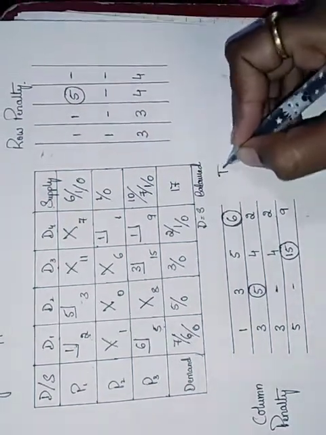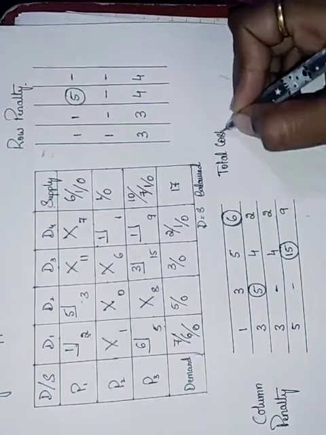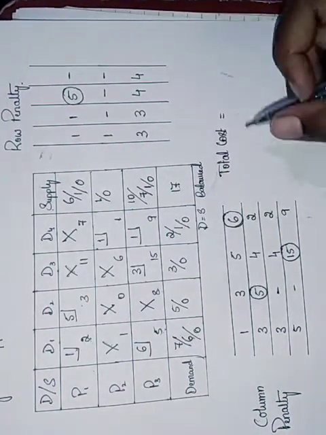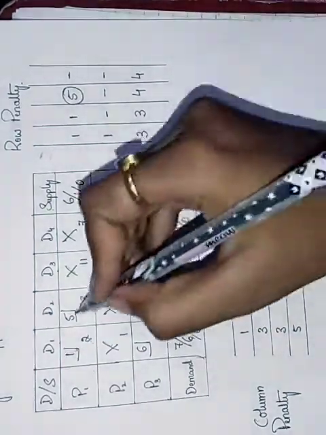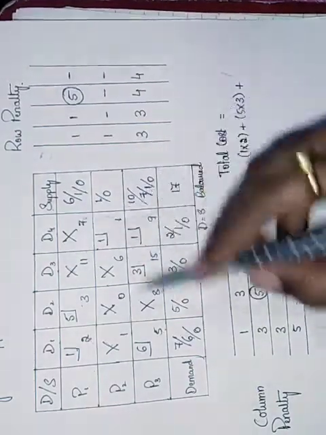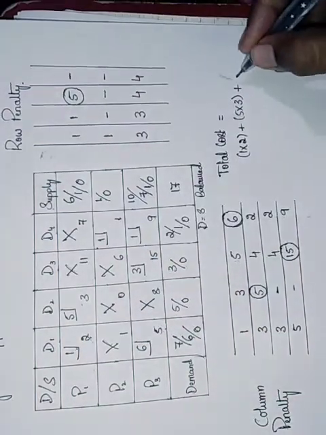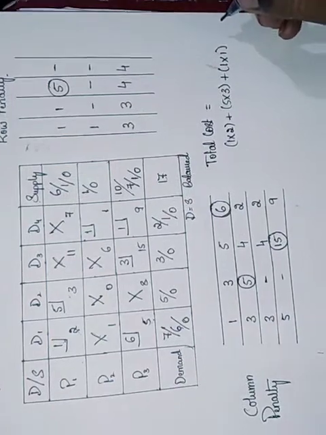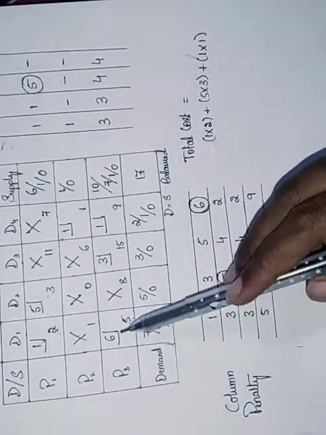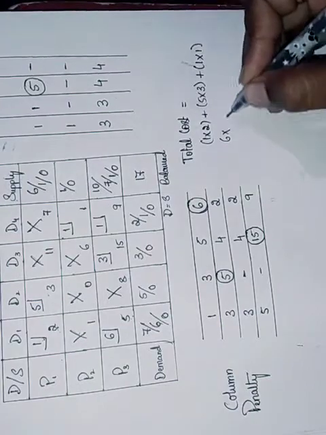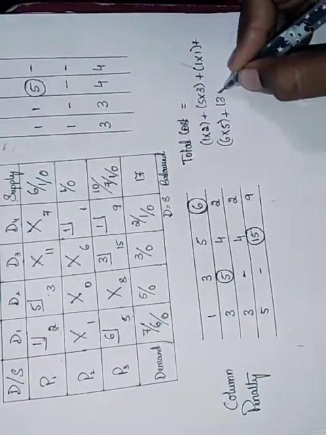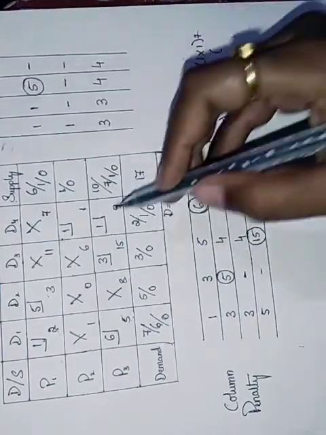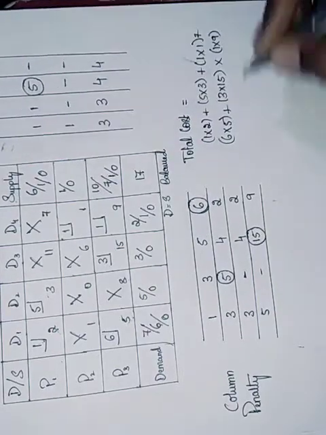Now let us identify the total cost in case of Vogels approximation method. Now 1 unit of 2 rupees each, 5 units of 3 rupees each, and here they are crossed off, even here and here, 1 unit of 1 rupee each, and next 6 units of 5 rupees each, and next 3 units of 15 rupees each, and 1 unit of 9 rupees each.